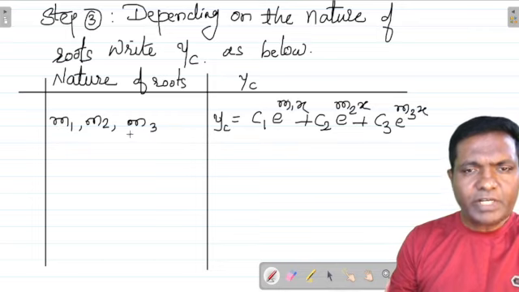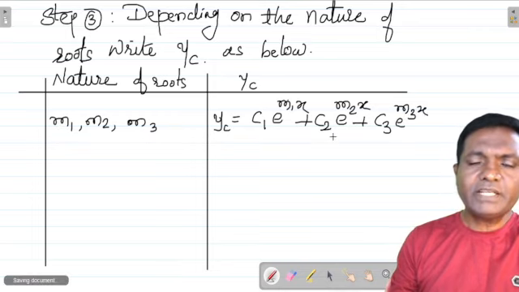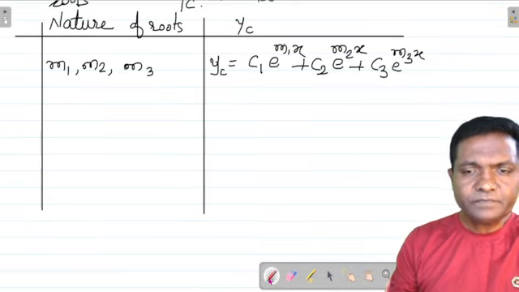So if the roots are m1, m2, m3, you have to write c1 e^(m1 x), c2 e^(m2 x) plus c3 e^(m3 x).